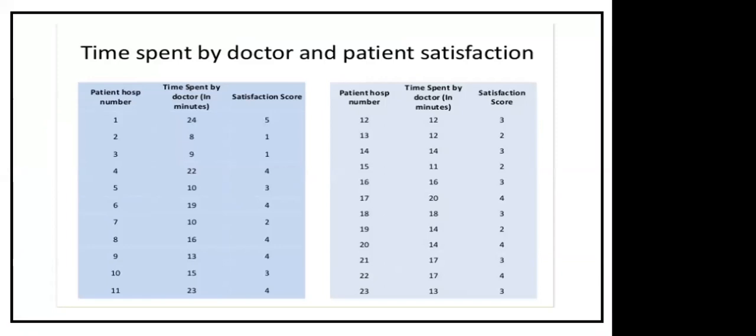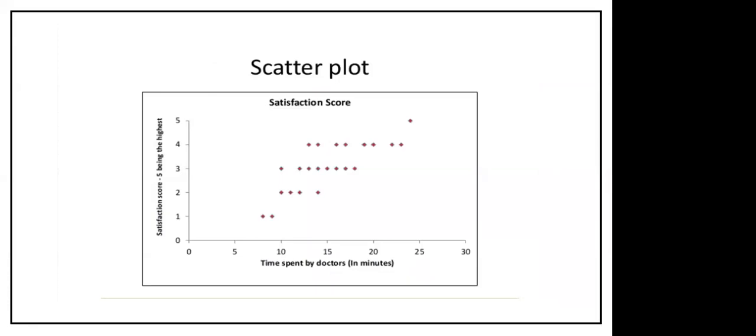Here you can see patient hospital number, time spent by doctor in minutes, and satisfaction score. So I plotted it into the scatter diagram. You can see a positive scattering. All the dots are moving upwards.